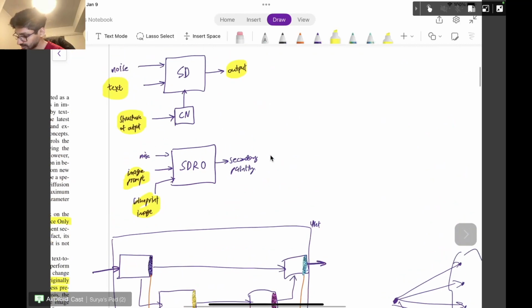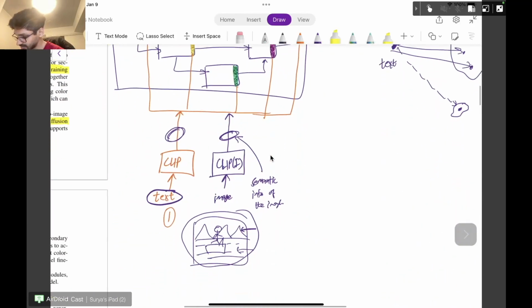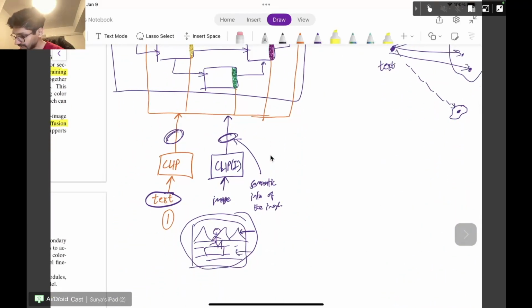So if you remember our previous diagram here, we had the issue that if we were using CLIP embeddings, the semantic information of the image is not encoded well. So the authors say that let's not use CLIP, let's use a vision transformer and take the image and then use the vision transformer embeddings here.